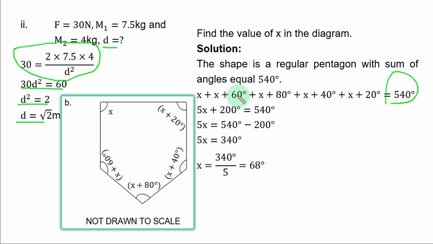If you add all the s, you have 5s, and the angles you have plus 200 degrees equal to 540 degrees. If you collect like terms, you have 5s equal to 540 degrees minus 200 degrees, and 5s is equal to 340 degrees. To get s, divide both sides by 5, and s is equal to 68 degrees.